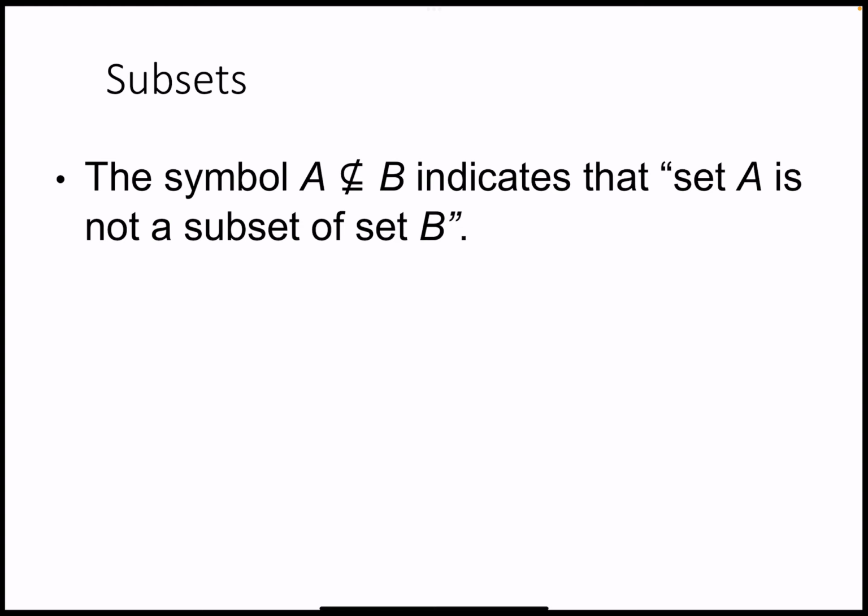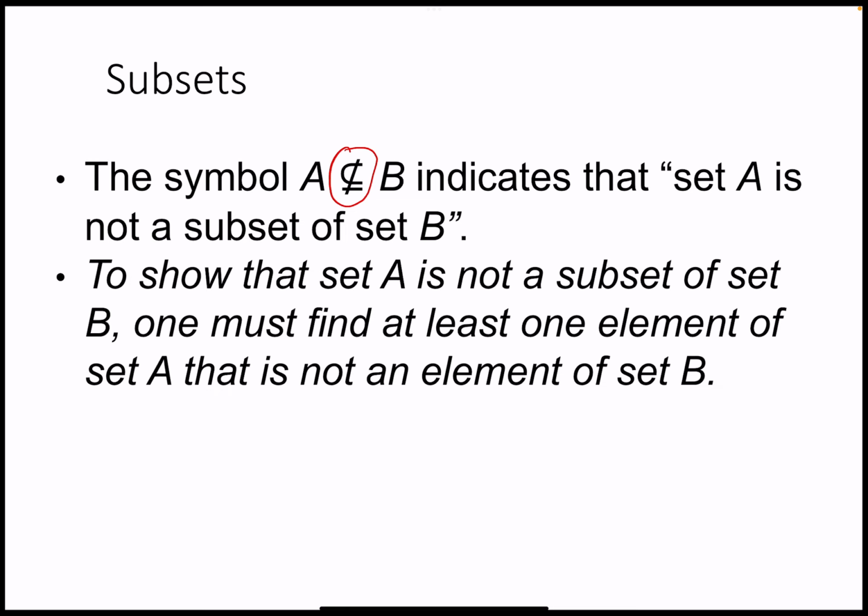If you have the negated symbol, it just means that set A is not a subset of set B. Now, how do we show a set A is not a subset of set B?